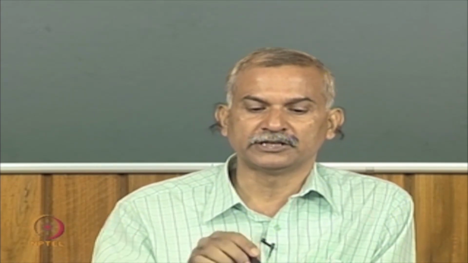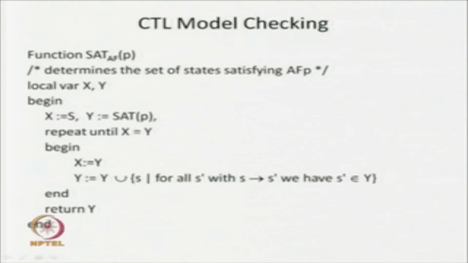So this is one algorithm, a very simple one. Now the second one is AF p. Determine the set of states where AF p is true. Already we have discussed this algorithm. Wherever P is true, we say that F P is true. This is as per the semantics that we have discussed.